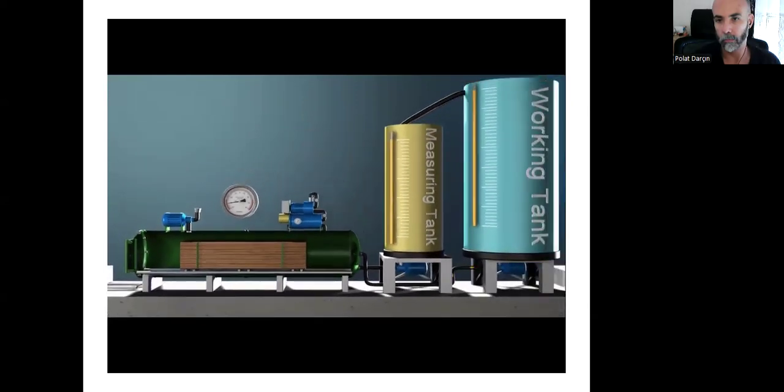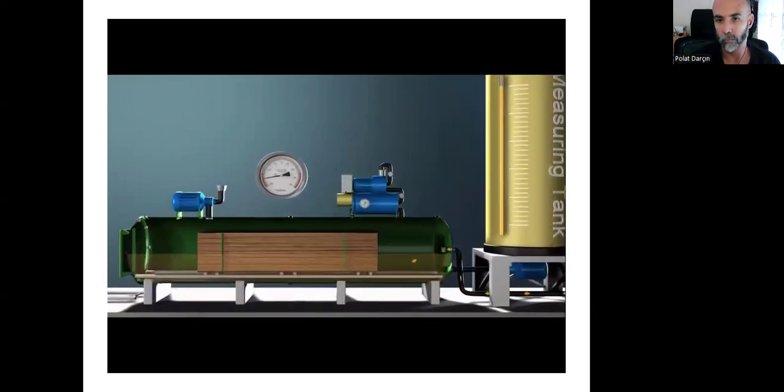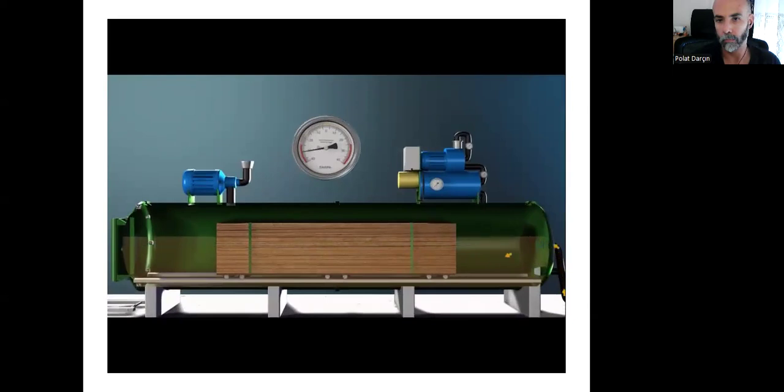The cylinder is then flooded with preservative from the working tank, whilst maintaining the initial vacuum until filled. This ensures that there is no air or vapor compressed and trapped at the top of the vessel. After flooding, the vacuum is released and pressure is applied.